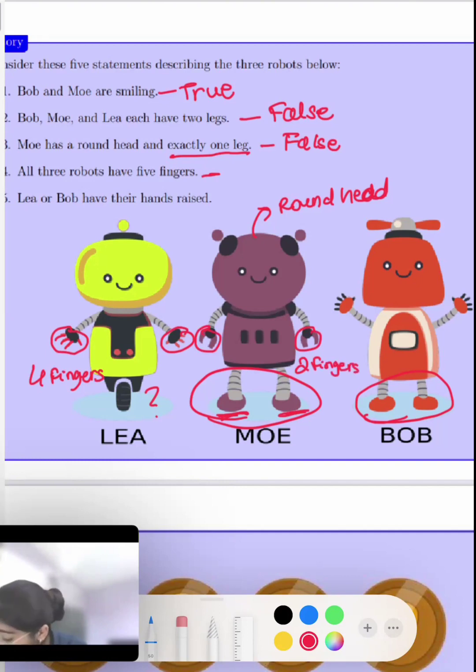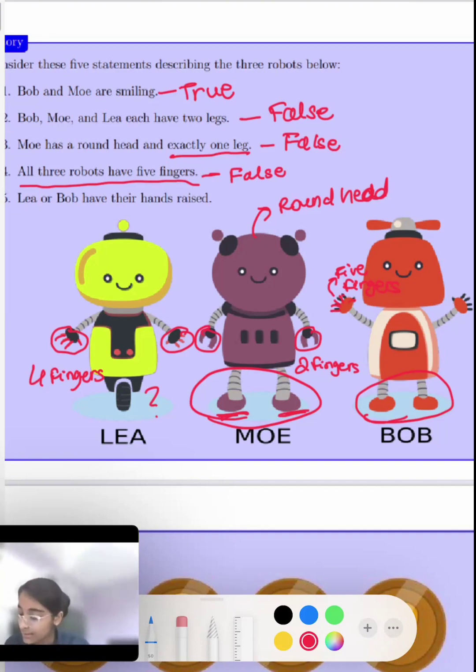Bob does have 5 fingers: 1, 2, 3, 4, and 5. However, the statement says that all 3 robots have 5 fingers, which is incorrect as only Bob has 5 fingers. So this statement would again not be true. It would be false.